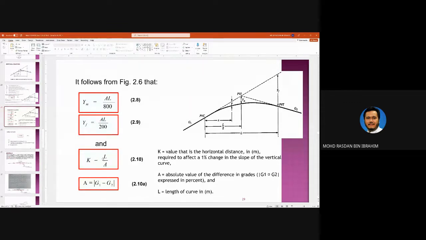K is the length of the curve divided by the value of A, where A is the difference in the grade, the change of gradient. G1 minus G2 in percent, absolute, meaning that there is no negative. So this one, G1 minus G2.